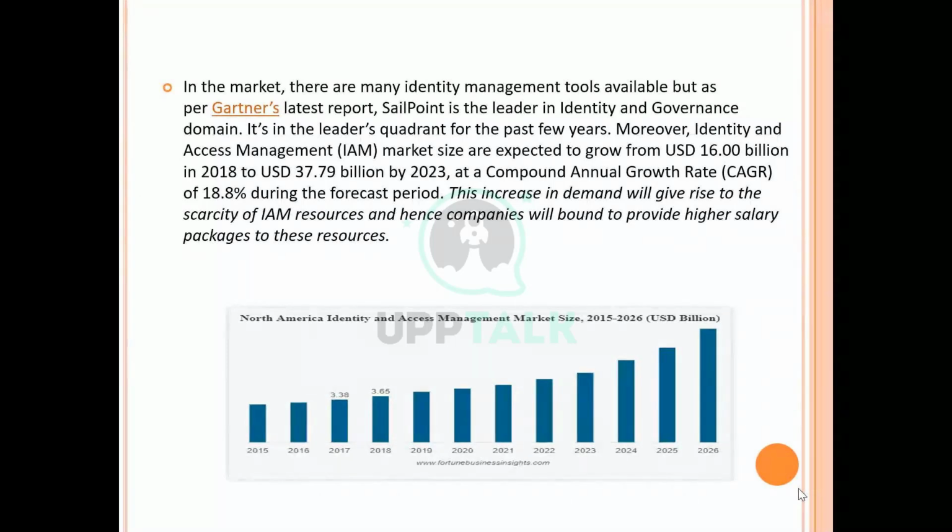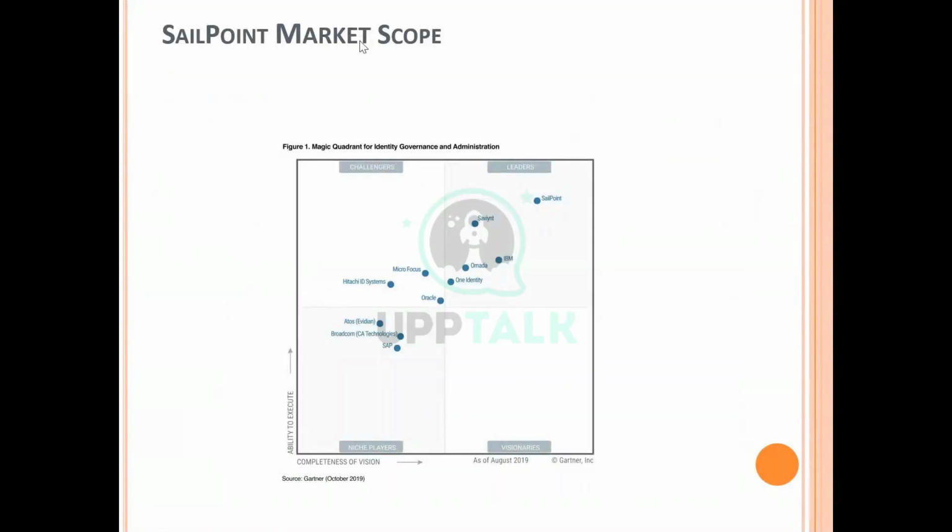So, what is Gartner, right? Why are we following this Gartner latest report? So, Gartner is the same like we have ISO and we have WHO. Like WHO is for medical, similarly, Gartner is for all this technology perspective, which will give you data about reports and etc. Okay, and this is the way that Gartner gives you a magic quadrant for identity access governance, where you can check who is the leader in the market from the current tools.